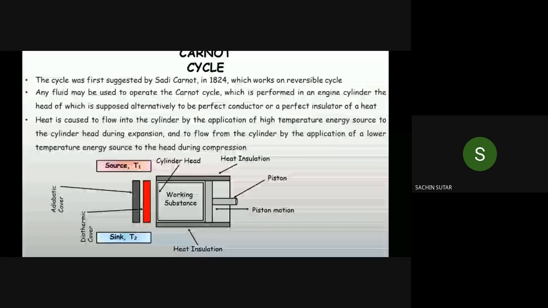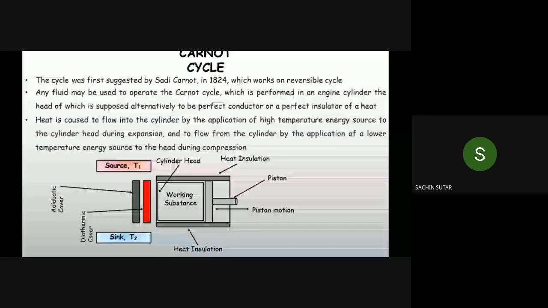Some input was given by Carnot: any fluid may be used to operate the Carnot cycle, which is performed in an engine cylinder, the head of which is supposed alternatively to be a perfect conductor or a perfect insulator of heat. So to make the process isentropic or isothermal, he assumed the fluid is a perfect conductor or perfect insulator of heat.